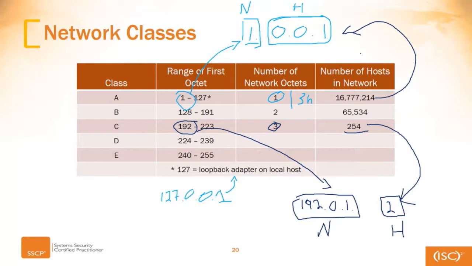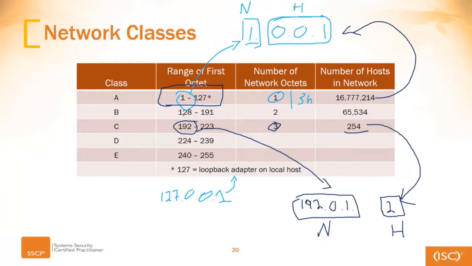Add them all up, you get approximately 16.8 million individual hosts per network. But we have only 126 networks in the Class A range. So as we increase one, we decrease the other. You'll notice that we have a very small number of networks in Class A because the range is really from 1 to 126, but a very large number of hosts.